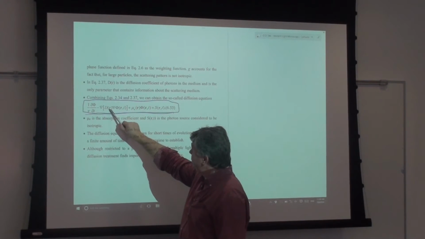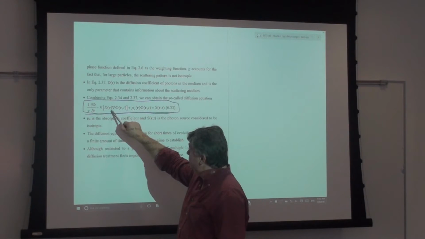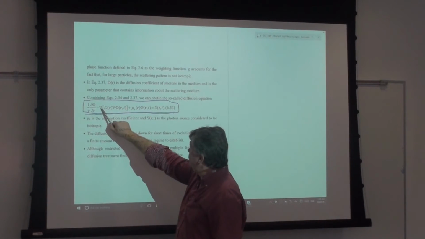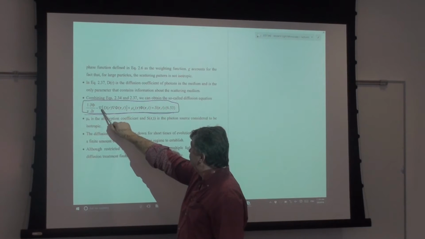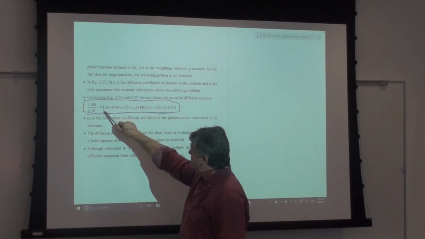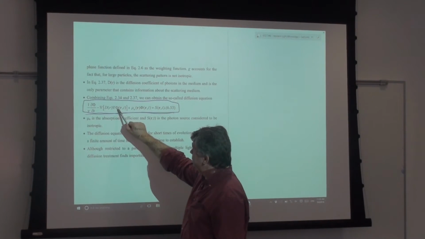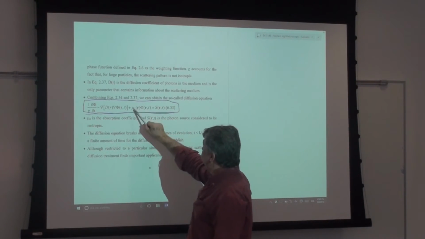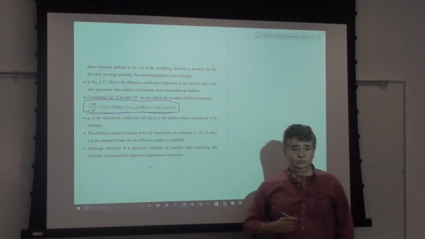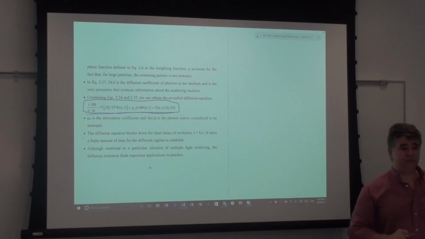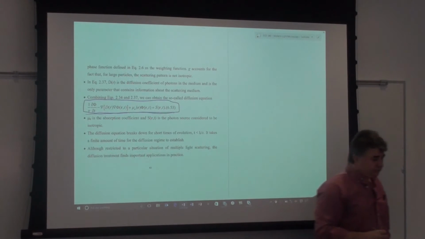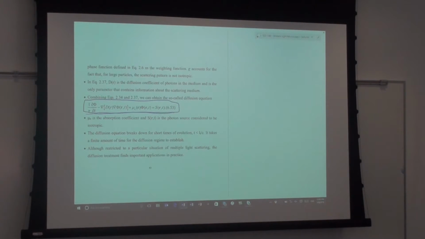D is inside, D could depend on r, right? And you take the gradient of that. So this tells you the spatial change of the density, okay, so how it varies in space. You have an attenuation due to absorption, and then you have a source. And let's suppose that my D is constant.